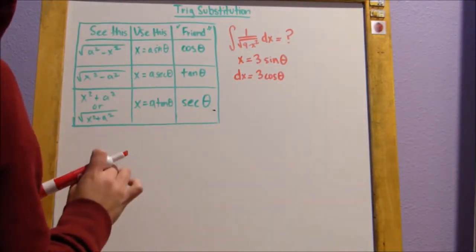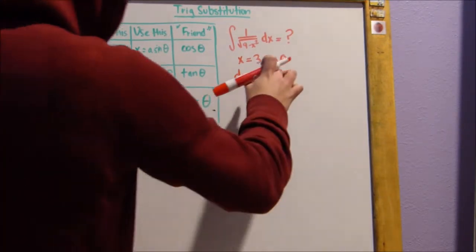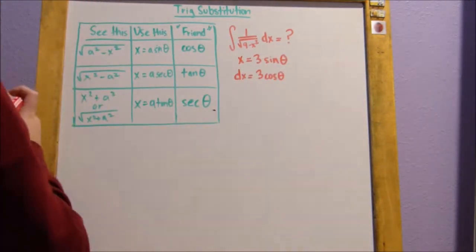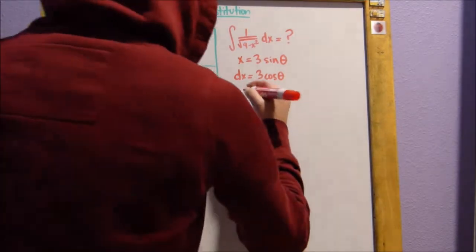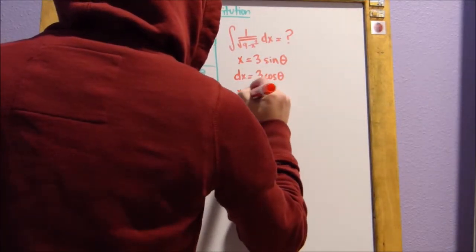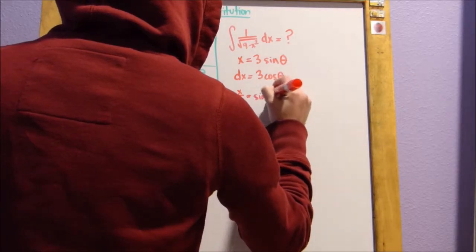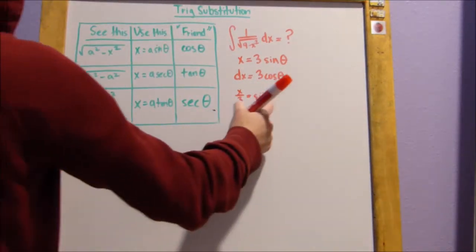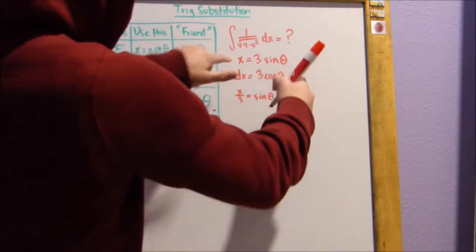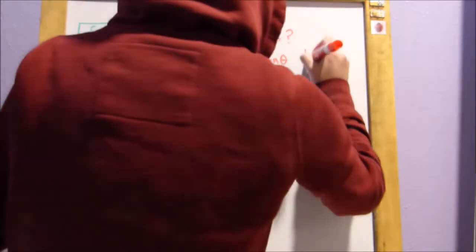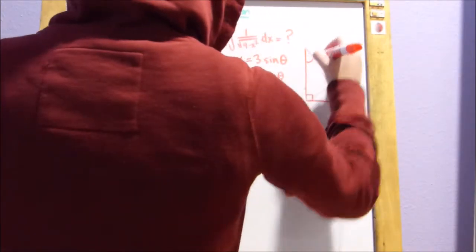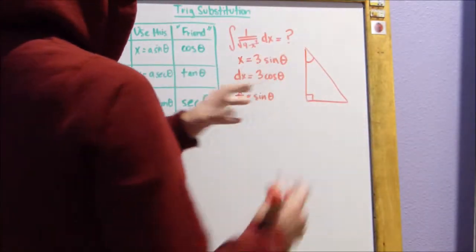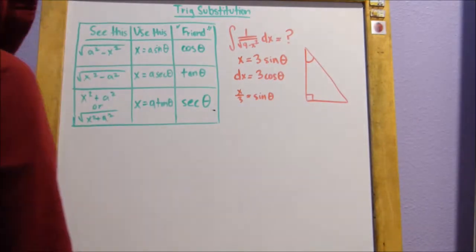The next thing we're going to do is solve for sine of theta, and set up a triangle so that we can solve for the remaining side. So let's divide by 3 to get x divided by 3 equals sine of theta, going from this equation here. So let's set up our triangle. Let's say this is the angle that we're going to base all of our sides off of.